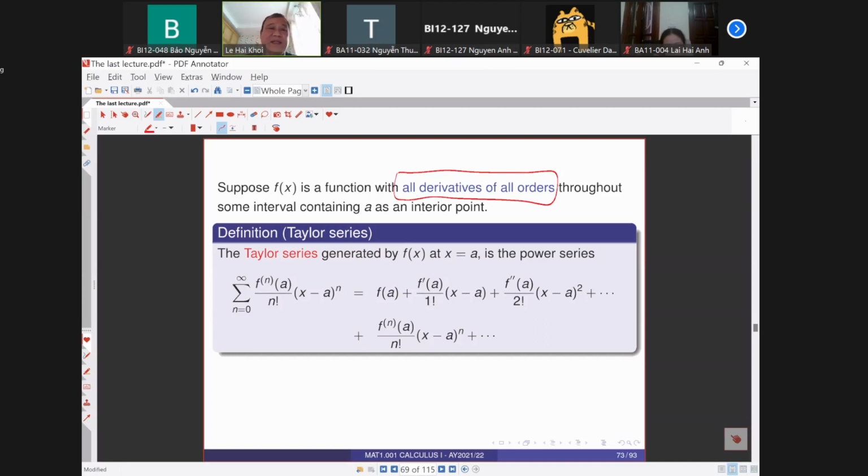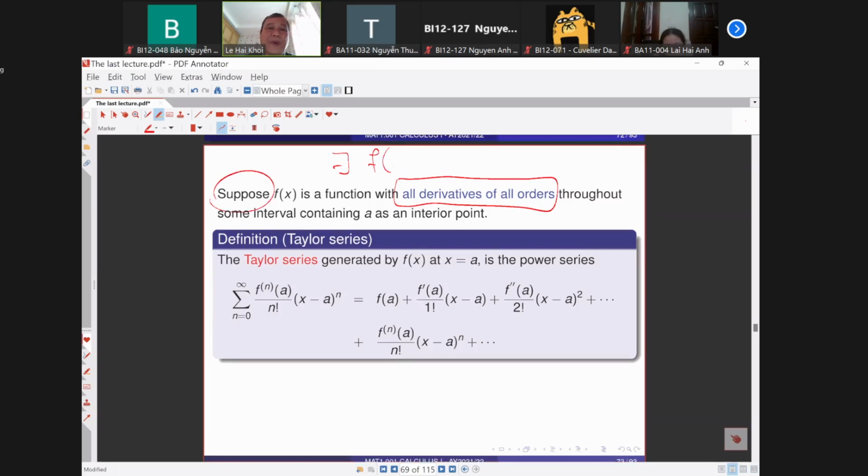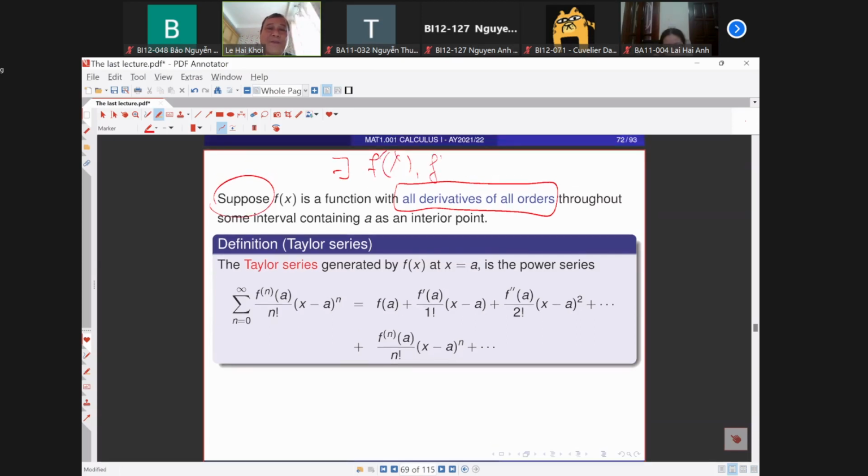That is, suppose you have f prime, f double prime, f^(n), etc., all in some interval containing a. a is an interior point.